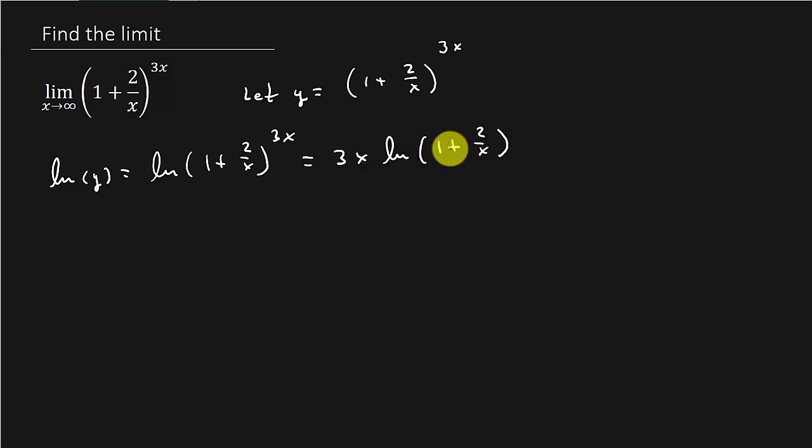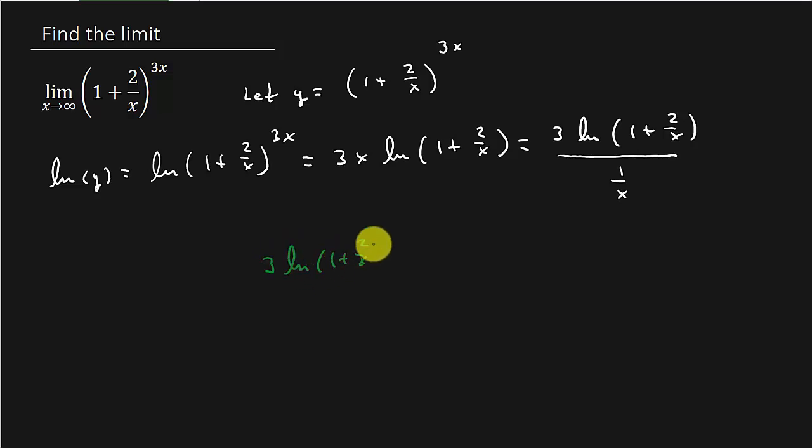That's an indeterminate form. So what we want to do is write this as 3 times the natural log of (1 plus 2 over x) over 1 over x. All right, that's the same thing. Just think about it: if I multiplied this back out, that would be 3 natural log of (1 plus 2 over x).